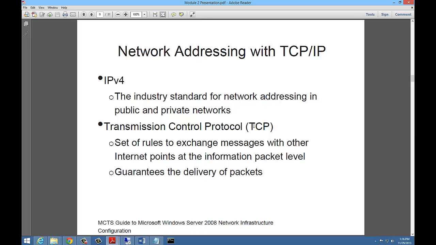TCP, Transmission Control Protocol. This sits on top of IP, so that's why it's TCP/IP or TCP over IP. It is a set of rules to exchange messages with each other or with other internet points at the information packet level. It guarantees the delivery of packets. So TCP makes sure that a packet actually gets delivered to the other end using a handshake.